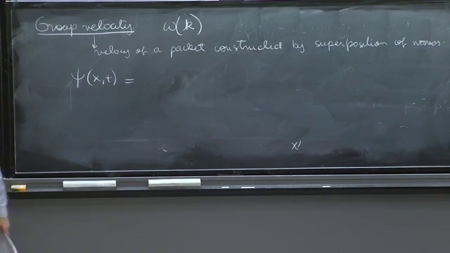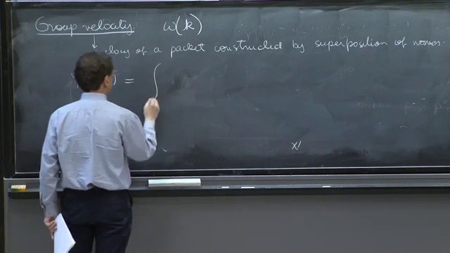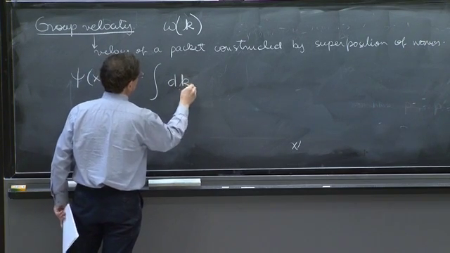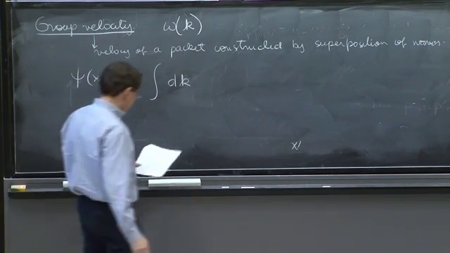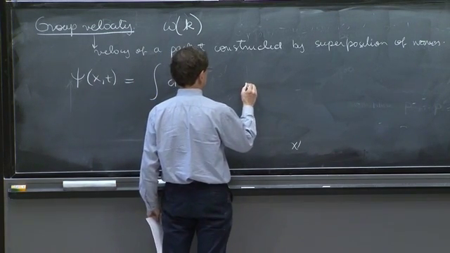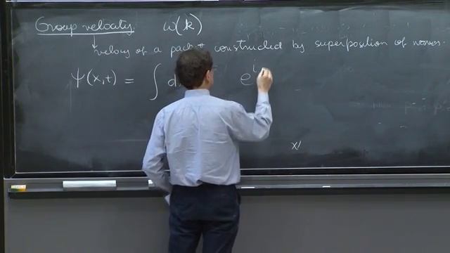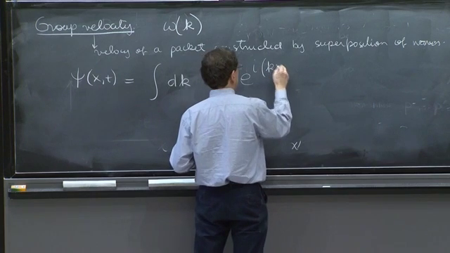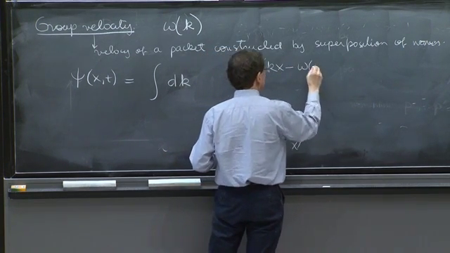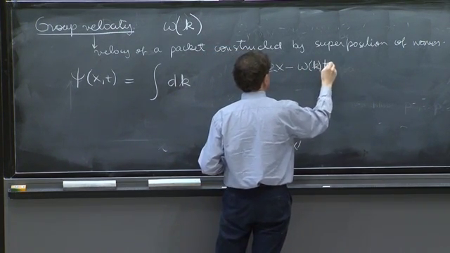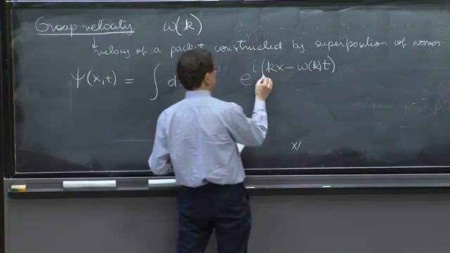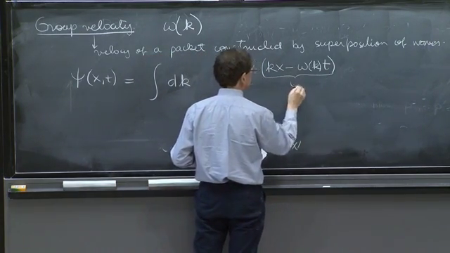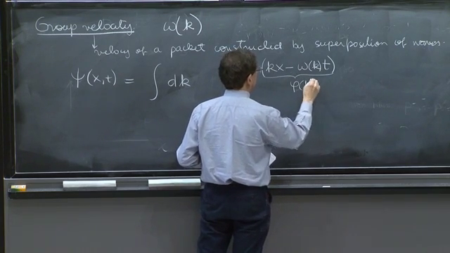And superposition means integrals, summing over waves of different values of k. Each wave, I will construct in a simple way with exponentials, e to the i kx minus omega of k t. And this whole thing I will call the phase of the wave, phi of k.